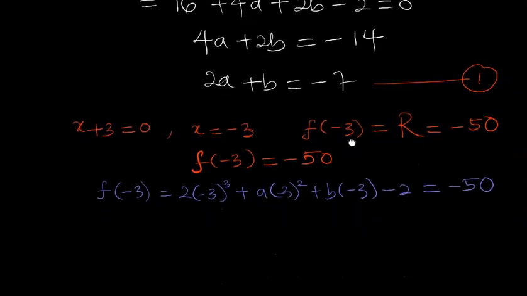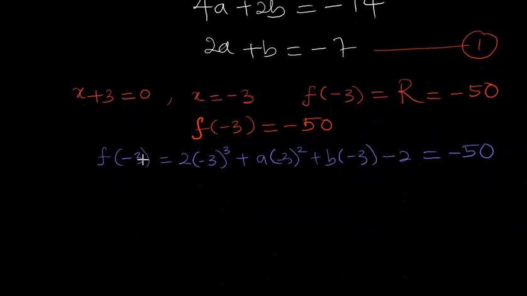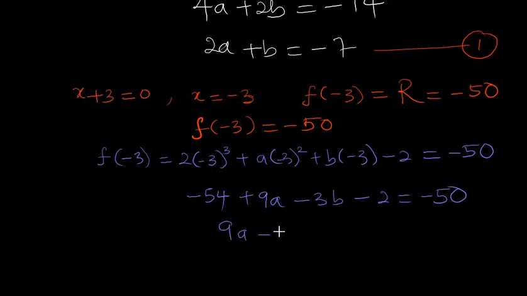Next, we simplify all of this. This gives us minus 27 times 2, that's minus 54. Minus 3 squared is 9, and 9 times a is 9a. Minus 3 times b is minus 3b. Minus 2, equals minus 50. Minus 54 minus 2 is minus 56.